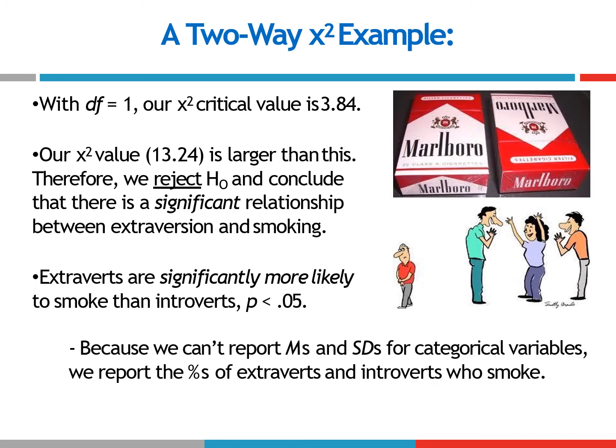But we can actually include more information than to say that there's a relationship between extroversion and smoking by simply looking at our percentages, right? So again, because we're dealing with categorical variables, we're not going to report things like the mean and standard deviation that we would for continuous variables, but we can talk in terms of frequencies or percentages.